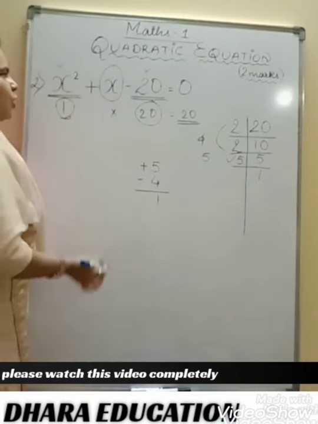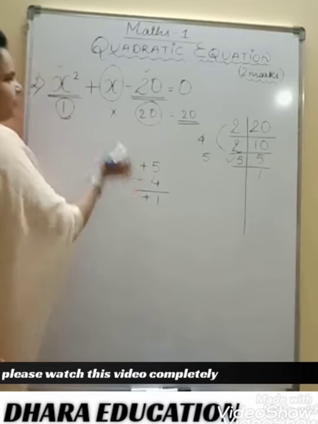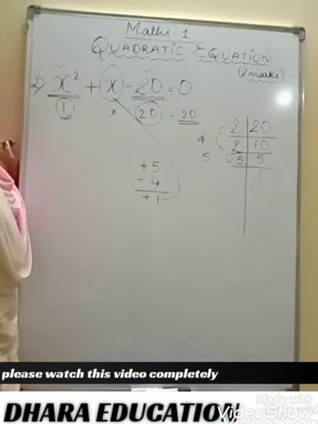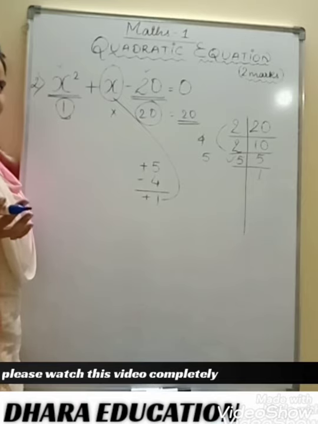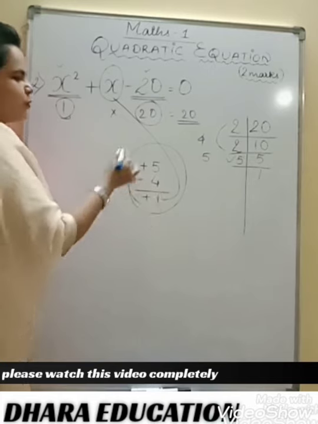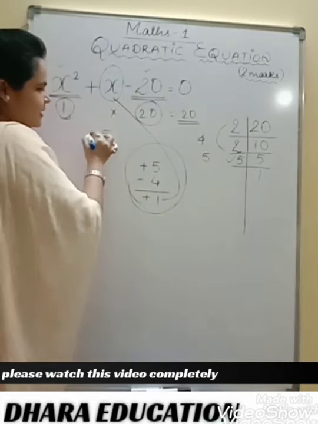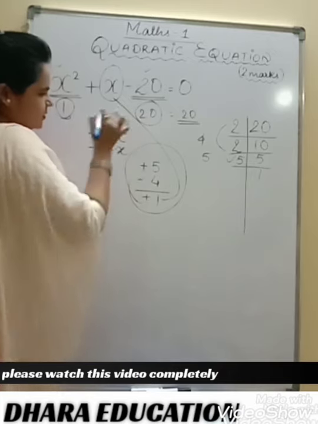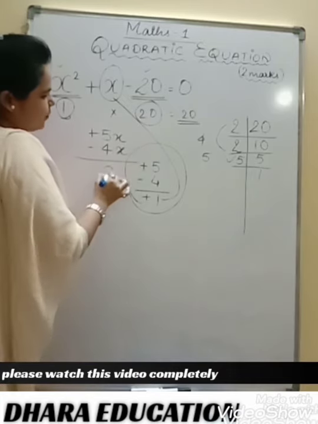So 1 means it comes positive 1. This condition is fulfilled. Am I clear on this? So at this point you have to write plus 5x and minus 4x. You will get positive x.